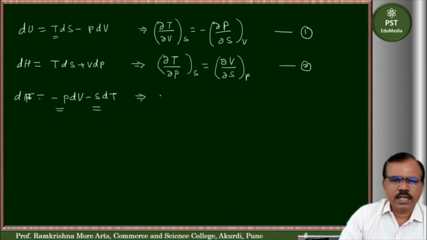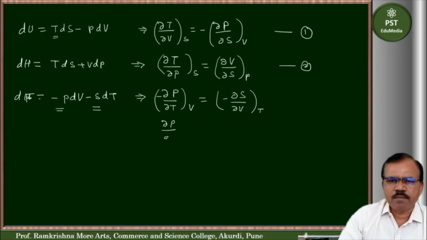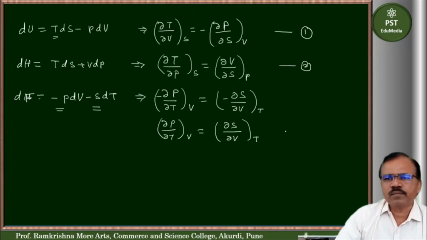So we take ∂M/∂T. So minus ∂p/∂T, keeping v constant, will be equal to minus ∂s/∂v, keeping T constant. So ∂p/∂T at constant v will be equal to ∂s/∂v at constant T. Let us call this equation 3.